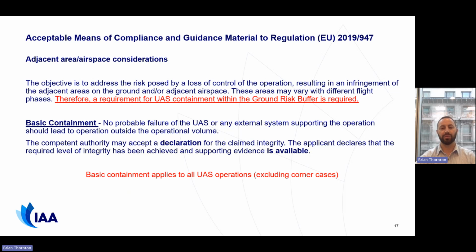That's the premise of specific category operations, that if we do have a loss of control, if we do exit our flight geography, we have a procedure in place that we can potentially, using a mechanism, bring down our UAS within the ground risk buffer, but we've mitigated because we have reduced the number of people at risk on the ground within our defined ground risk buffer.